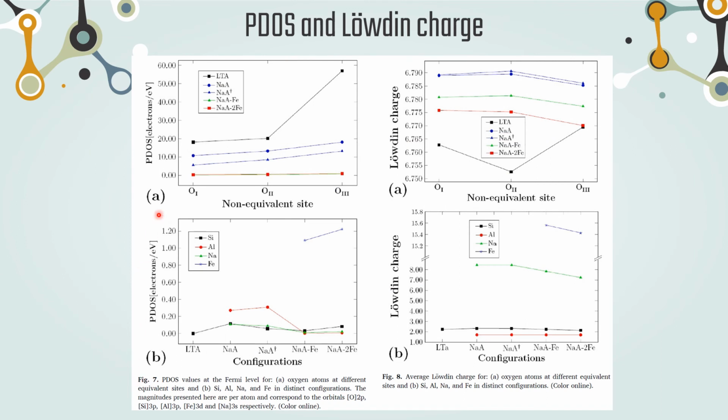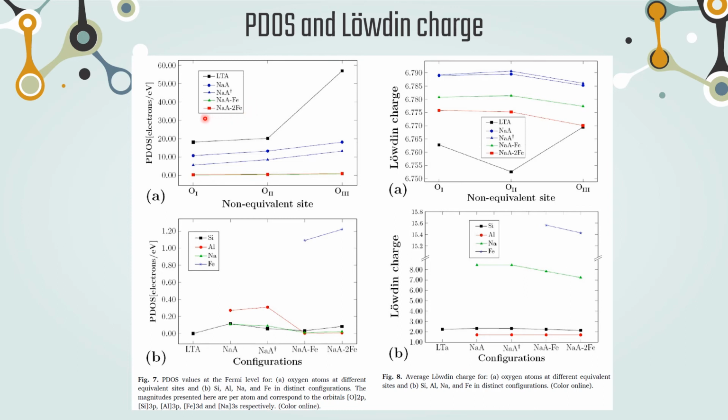Figure 7a shows the partial density of states evaluated specifically at the Fermi level for the different types of oxygen, O1, O2, or O3, as a function of configuration type: pure silica, Lowenstein configuration, non-Lowenstein configuration, when one iron atom is present in the zeolite, and when two iron atoms are present in the zeolite.